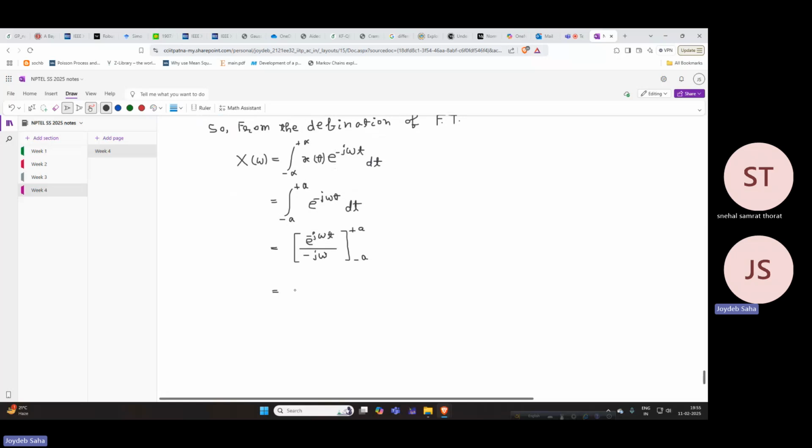So let us write it. e to the power minus j a omega minus e to the power j a omega.